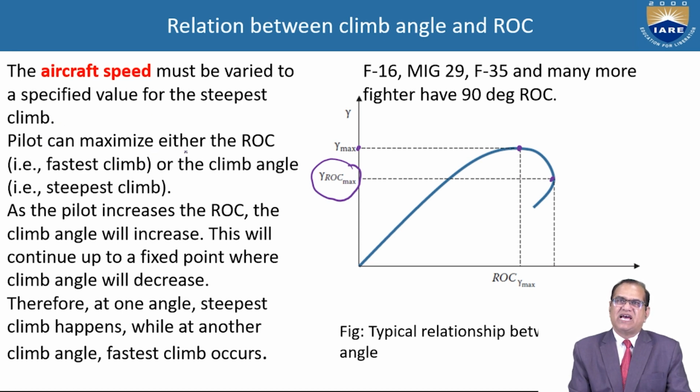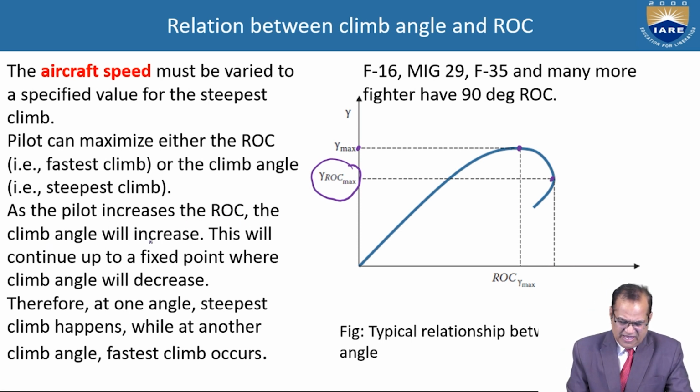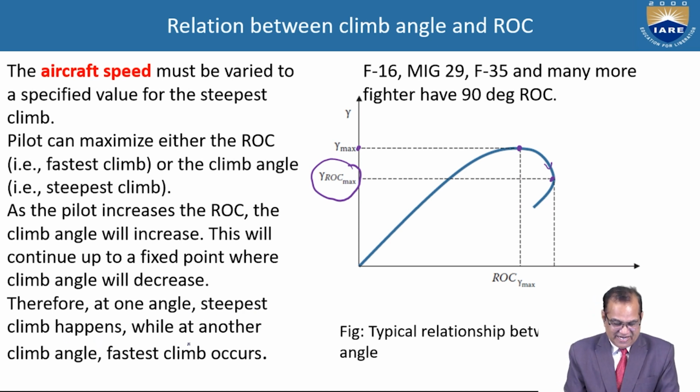The pilot can maximize either the rate of climb, that is the fastest climb, or the climb angle, that is the steepest climb. As the pilot increases the rate of climb, the climb angle will increase. This will continue up to a fixed point, after which the climb angle will decrease. Therefore, at one angle the steepest climb happens, while at another the fastest climb occurs.